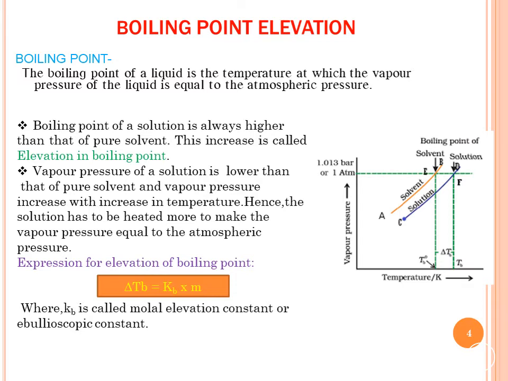It depends on the number of moles of solute particles that we have added, and hence on the molality, which is the number of moles of solute dissolved in 1000 grams of solvent. So this is also a colligative property. Now this is, I think, clear to you. Now let us move on to the next slide.